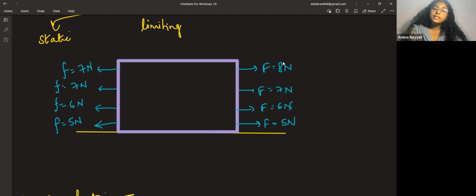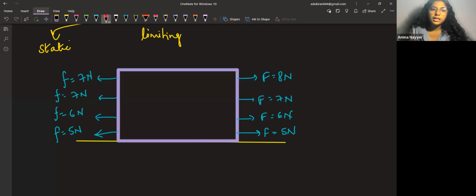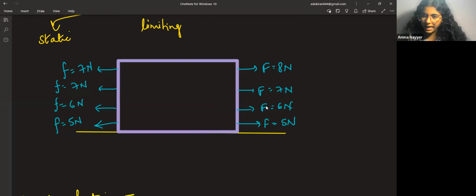Okay. So now understand what the types of friction are. When I applied these forces, 5 Newton, 6 Newton, static friction kept continuously adjusting by itself, and it didn't allow the body to move. Then I reached the maximum value of static friction.